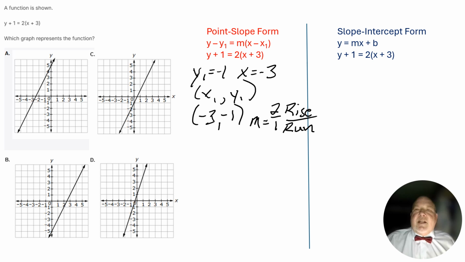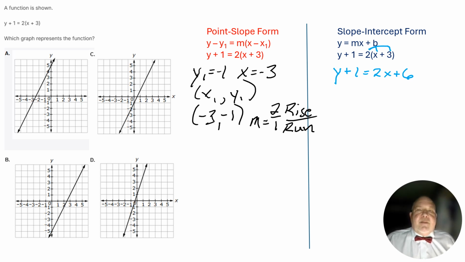So the first thing I want to do is distribute to get rid of the parentheses here. So I'm going to multiply this 2 into the parentheses. And now I will have y plus 1 equals 2x plus 6. So I just multiplied x and 3 by 2. Okay, so I'm really close to slope-intercept form if you look at it. I just need to isolate the y.